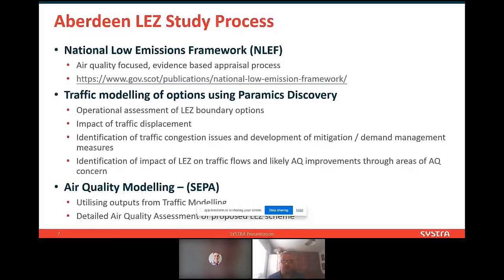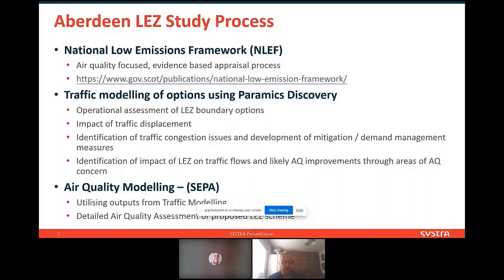Underneath the umbrella of the low emission framework, there are two other processes going on. One, which was the focus of what we were involved in, was the traffic modelling of options using Paramics Discovery. So what we did with Paramics was look at the operational assessment of different boundary options for a low emission zone.